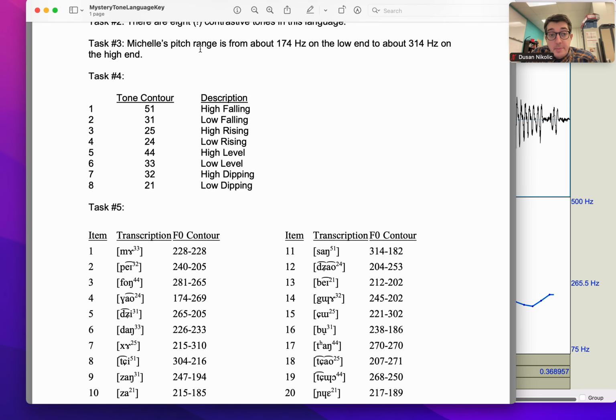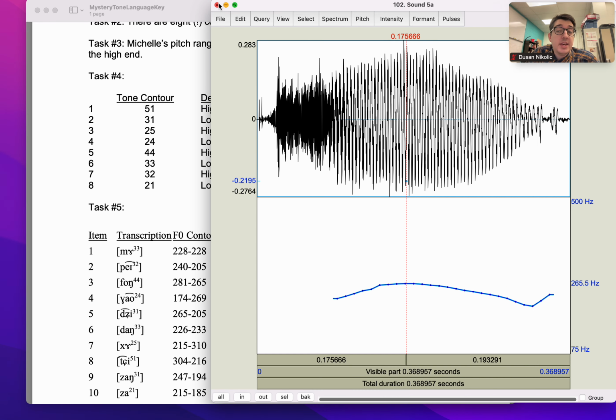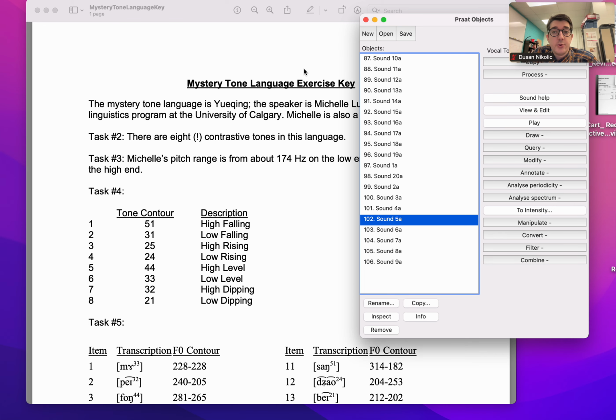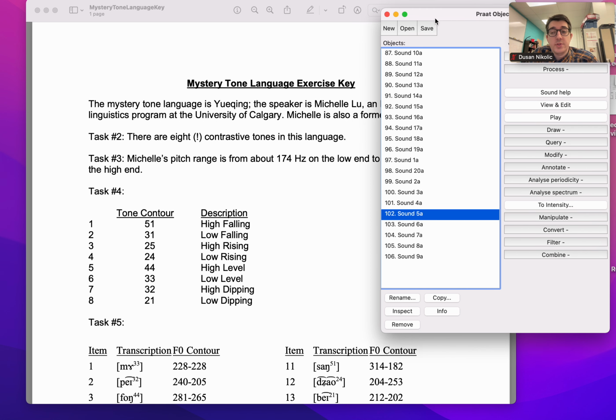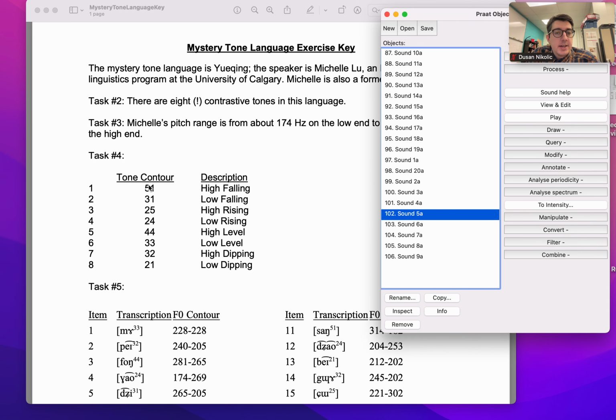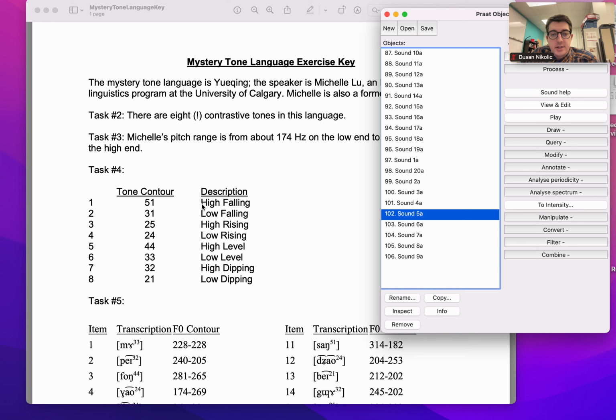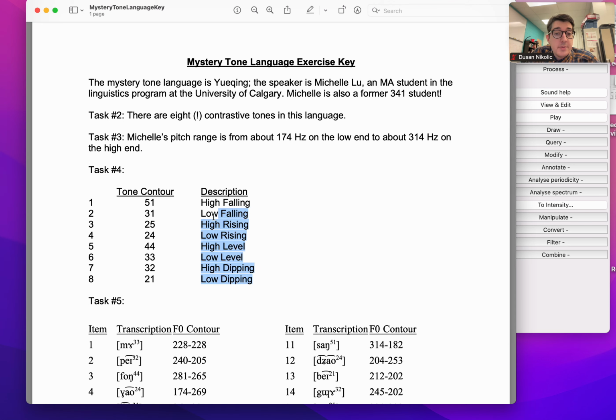All right, but all of these tones apparently, according to Michelle and according to some researchers of this language, are only bitonal, right? So they have only 2 tones, and these are described like this: high falling, low falling, high rising, low rising, high level, low level, high dipping, low dipping.